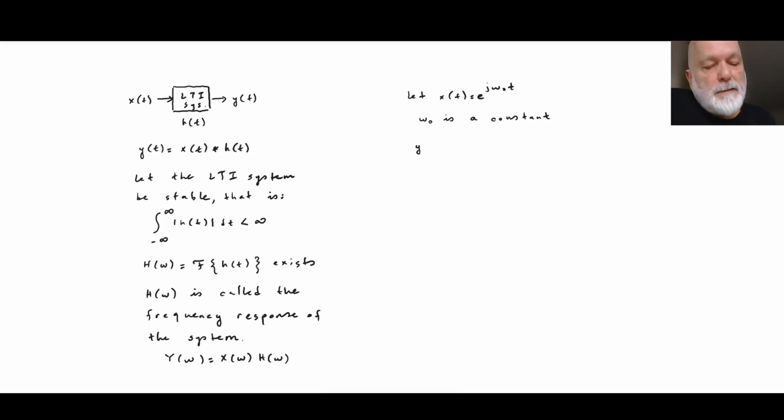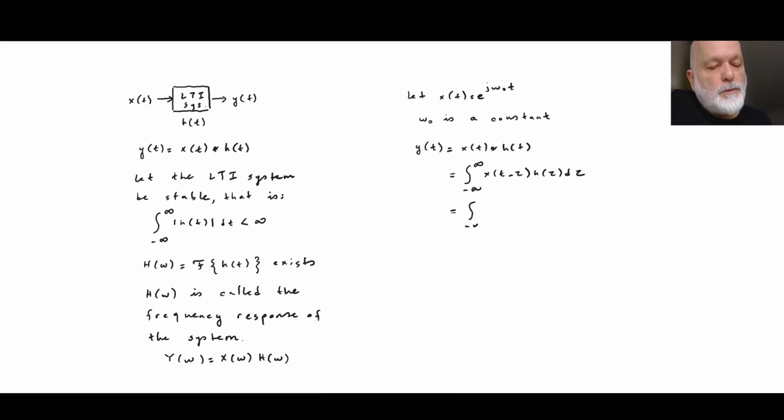Now y of t is the convolution of x of t and h of t. Let us write this as the integral of x of t minus tau, h of tau, integrated with respect to tau.